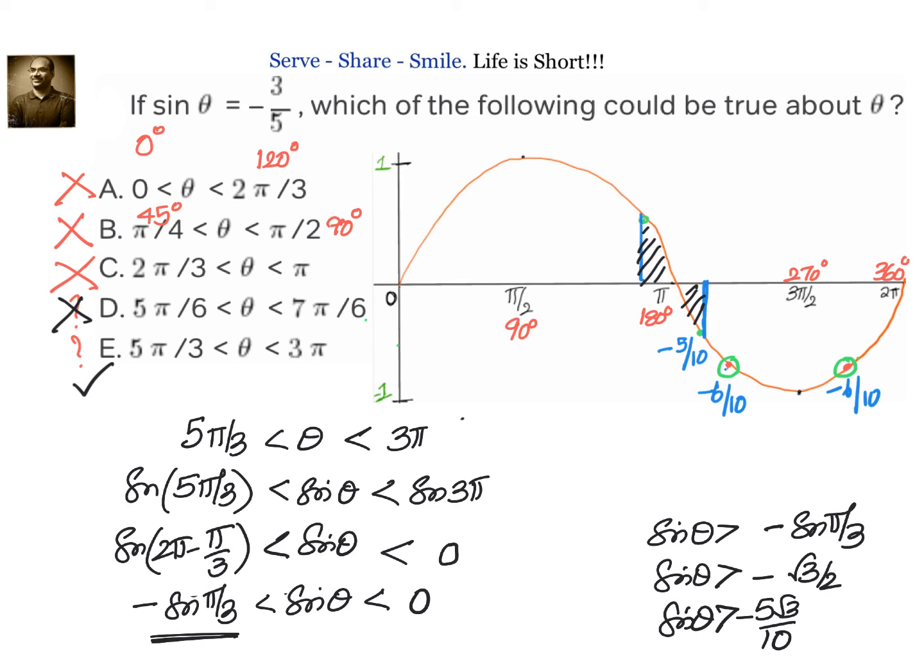So for option E, the window is starting from somewhere here. This is where I have the value minus 8.66 divided by 10. So you can see clearly that the option E window starts from here and it includes the value we want, that is minus 6 by 10. So option E is the right answer.